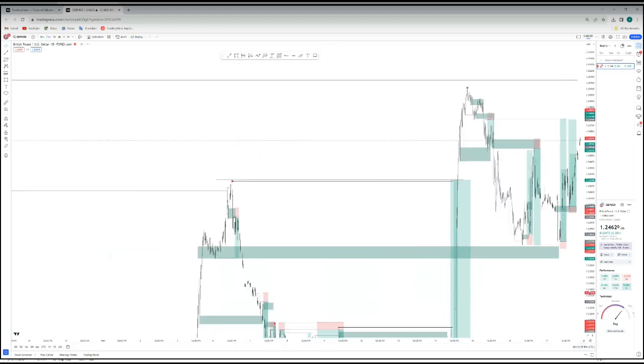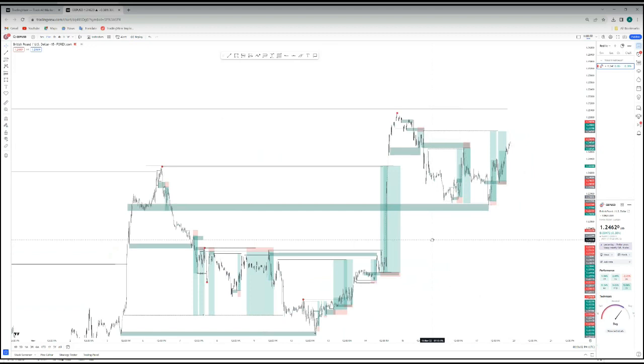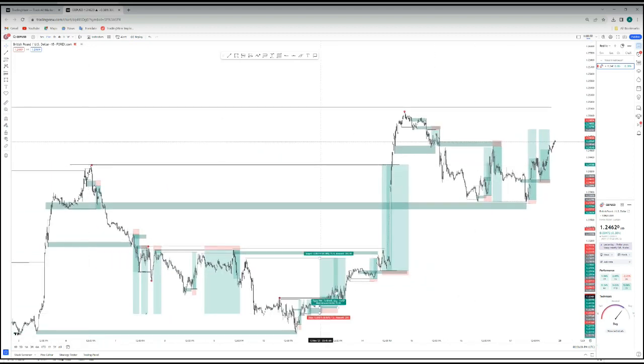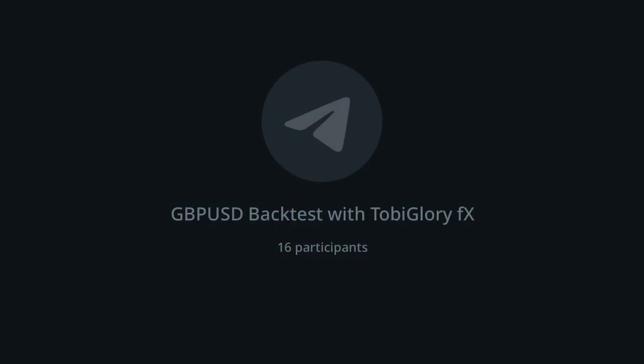You can see how we got our entry from this area back up, and let me show this image for you guys in case you need it.